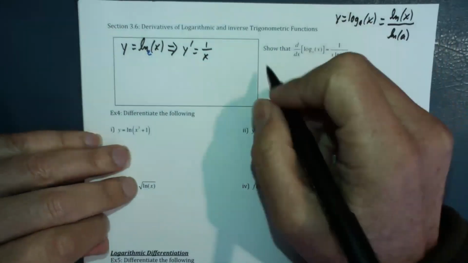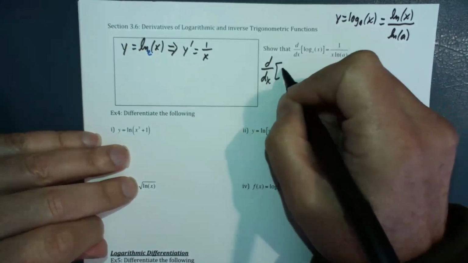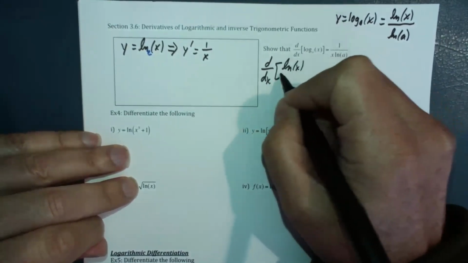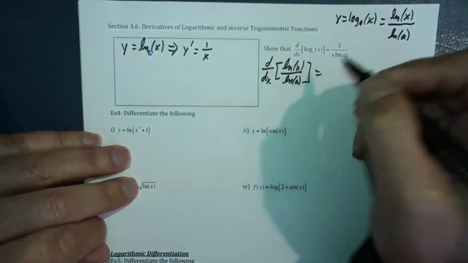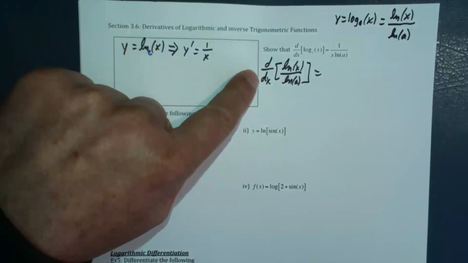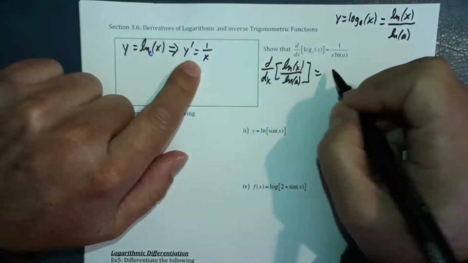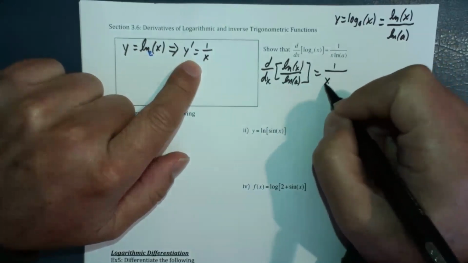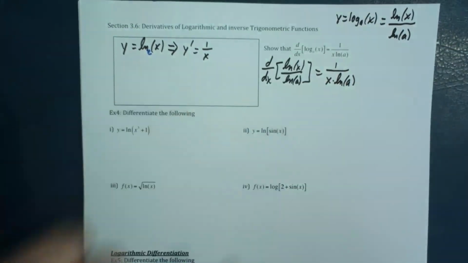So this derivative becomes d over dx of ln of x over ln of a. Now, the ln of a is not affected by the derivative. It's a constant relative to the variable x. However, the ln of x becomes 1 over x. So this becomes 1 over x times the ln of a. And so you can see where that comes from.